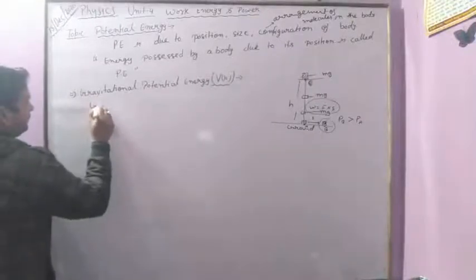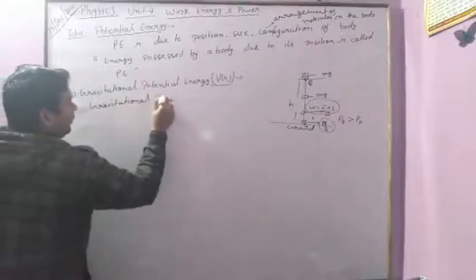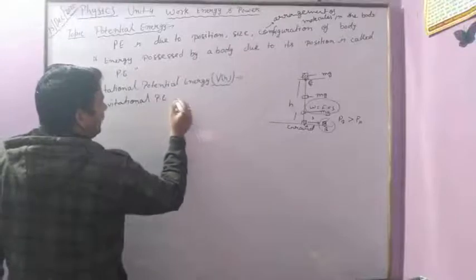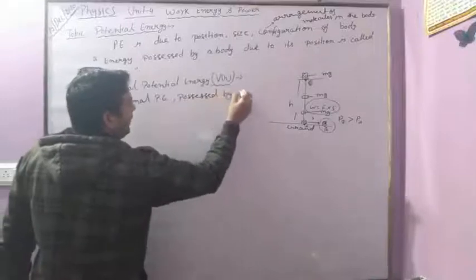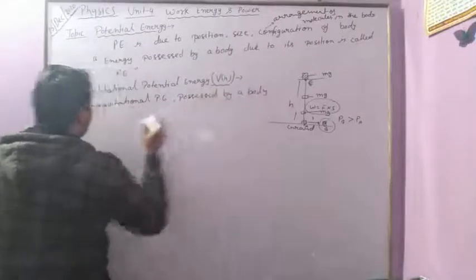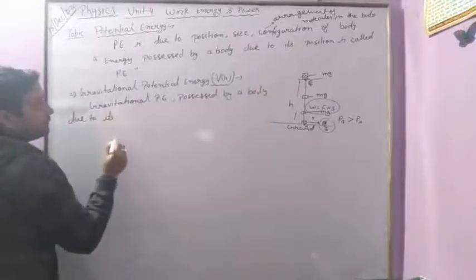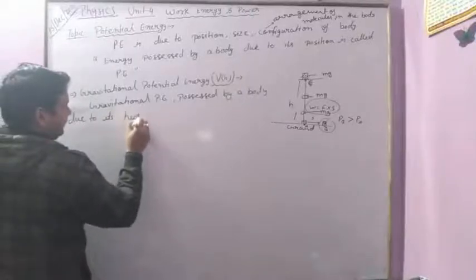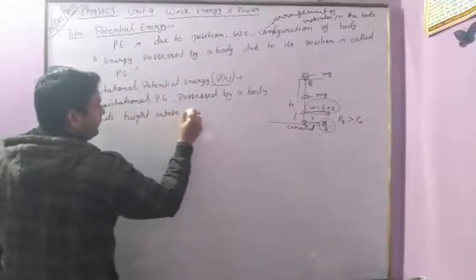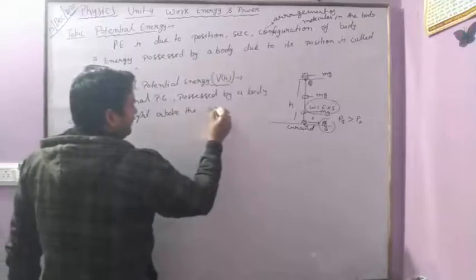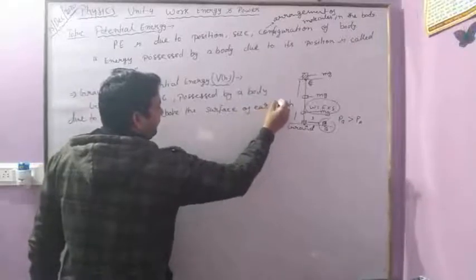The gravitational potential energy possessed by a body due to its height above the surface of Earth.